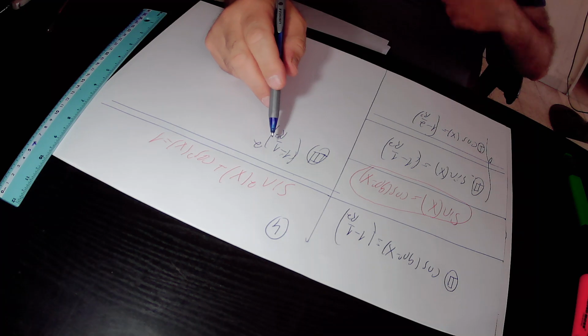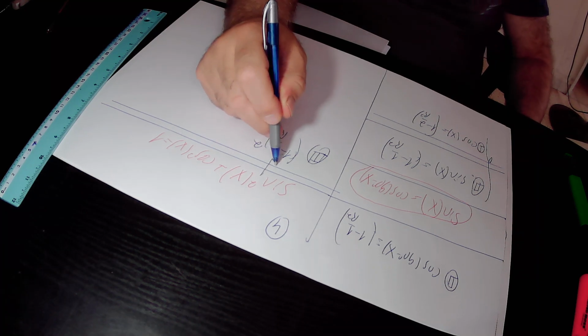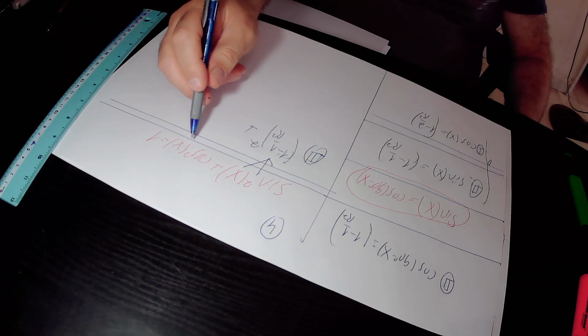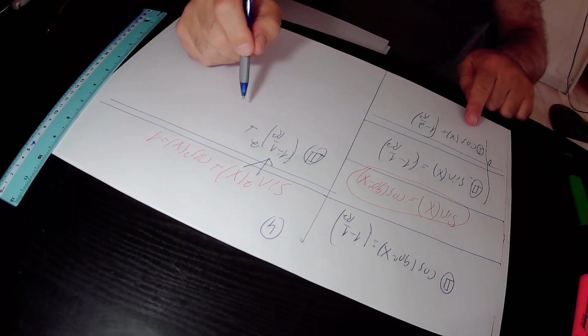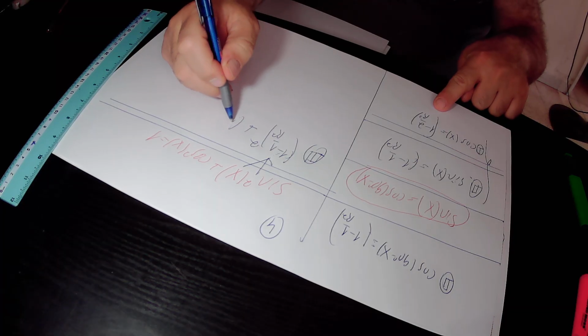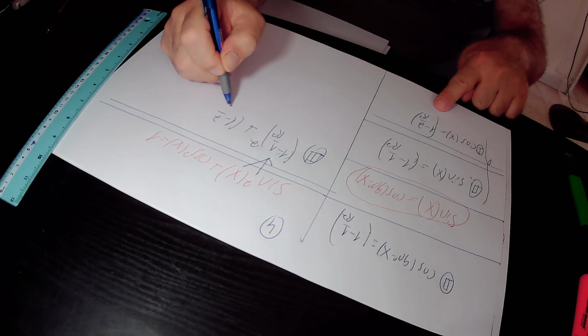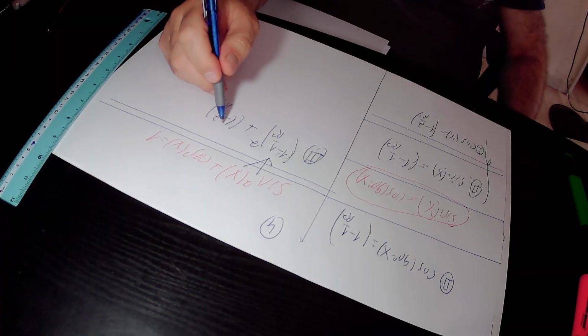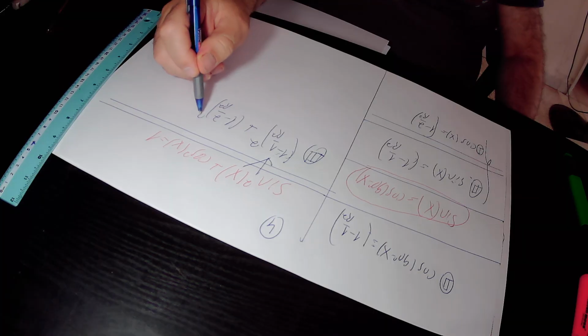So this is sine square x plus cosine square x. According to equation 1, cosine x equals to 1 minus 2 over r squared, and therefore cosine square x will be equal to 1 minus 2 over r squared.